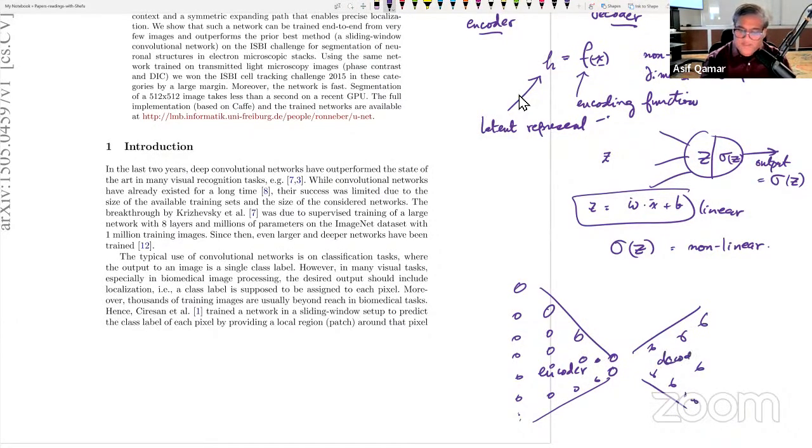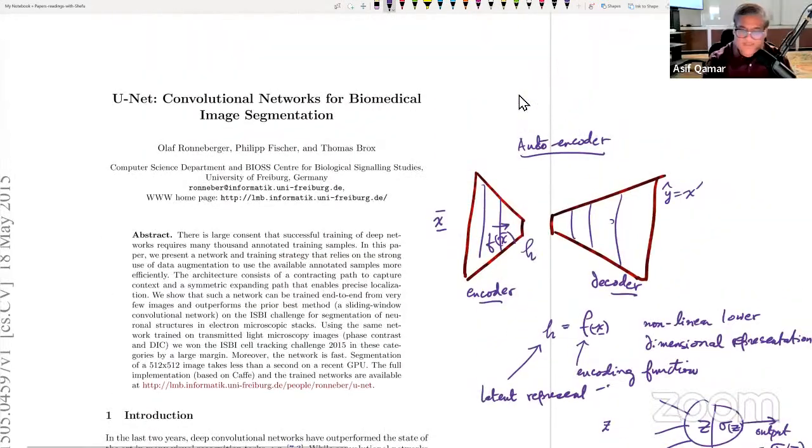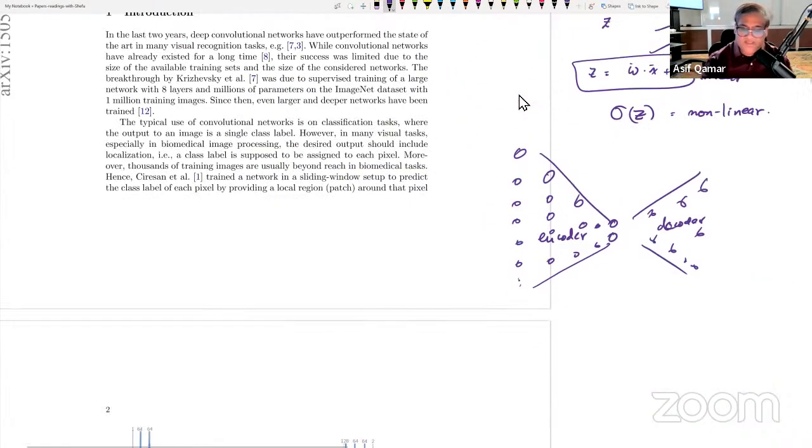This is your decoder, and let's say you write it as another function, g of h. So x prime is equal to g of h, which is the same as g of f of input.